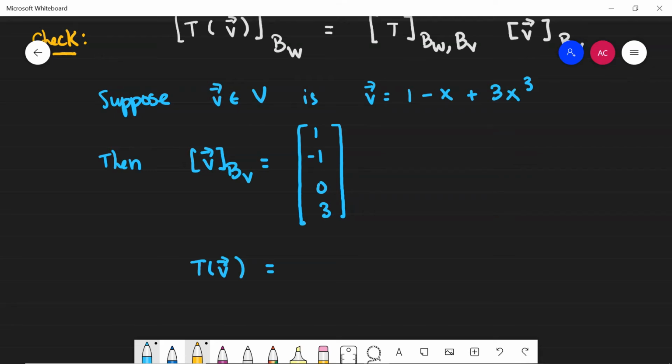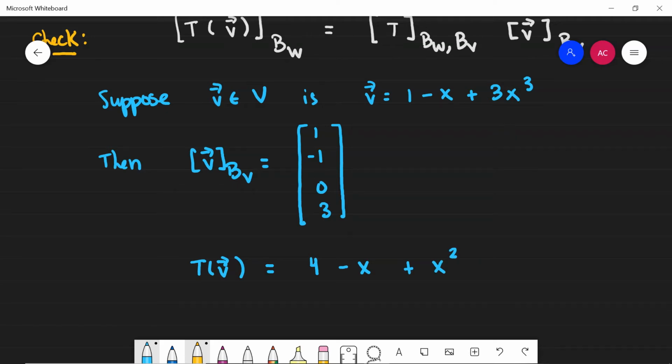So a plus d is equal to 4. And then plus bx. b is negative 1, so I just have a minus x. And then I have a plus 2cx squared. c is 0, and a is 1, so I'm just adding x squared.